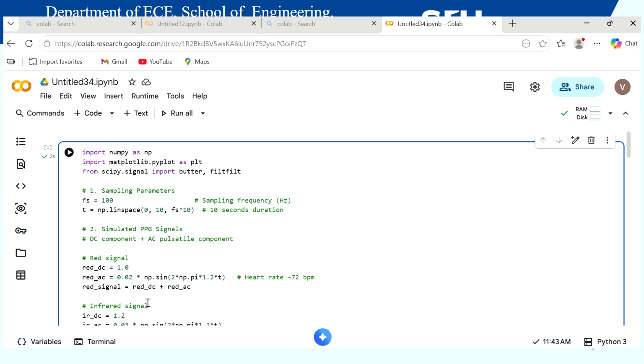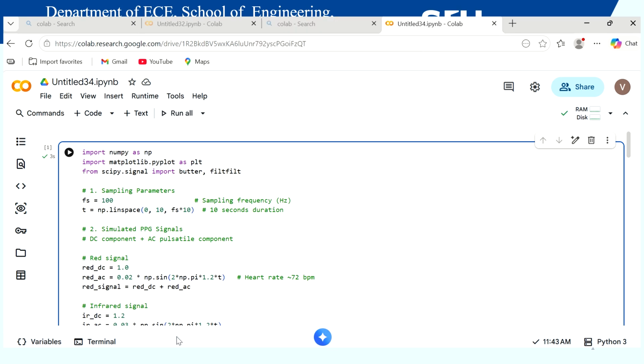And then from these values we calculate the ratio of ratios. From the ratio of ratios we are calculating the oxygen saturation level using the calibration equation, which is internationally accepted, to get SpO2. So SpO2 is nothing but the oxygen saturation.